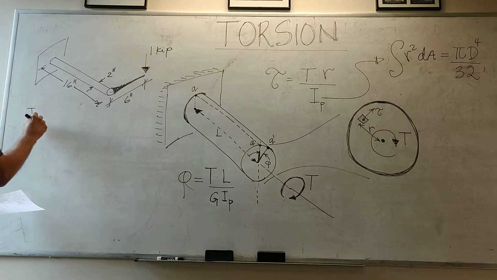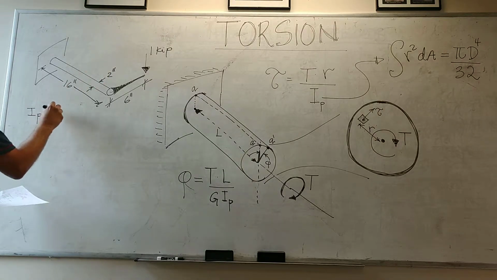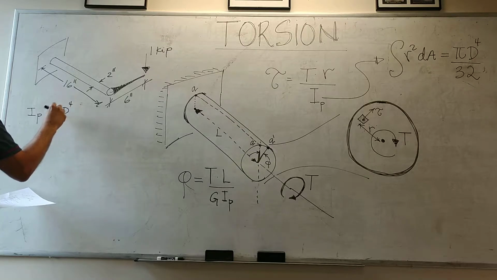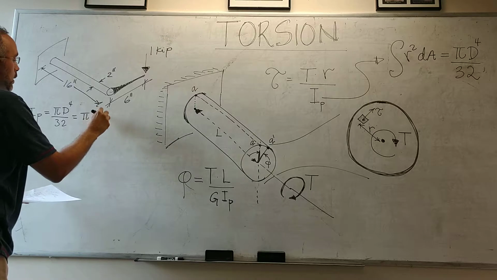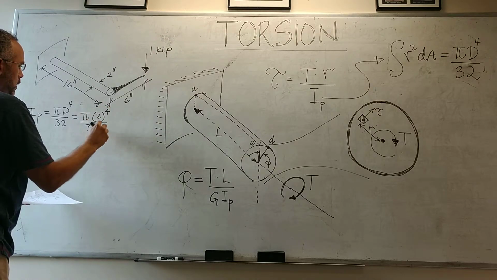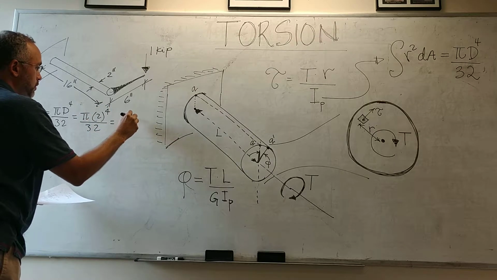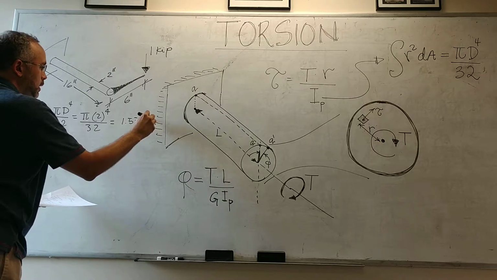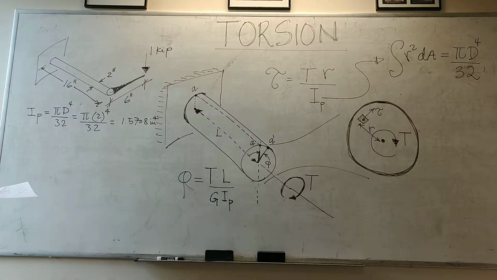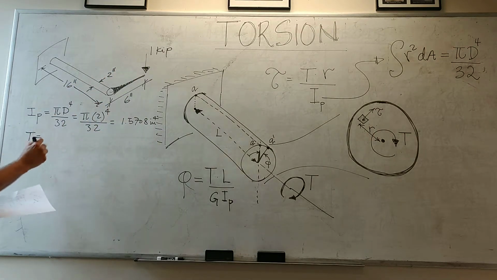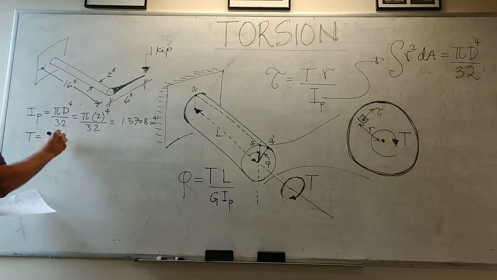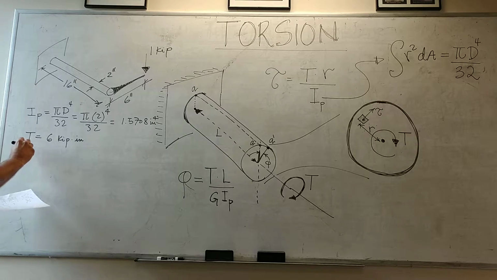In this case, the polar moment of inertia, as we mentioned before, is pi diameter to the fourth divided by 32, and that equals 1.5708 inches to the fourth. The torsional moment is 1 kip times 6 inches, so that's 6 kip inches. And as we mentioned, the diameter is 2 inches.